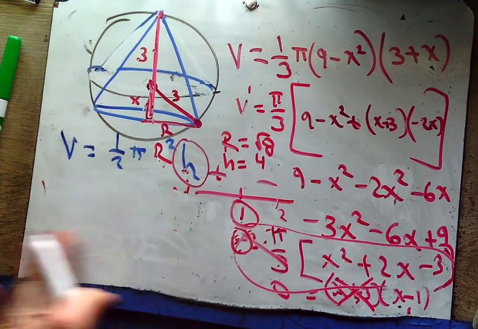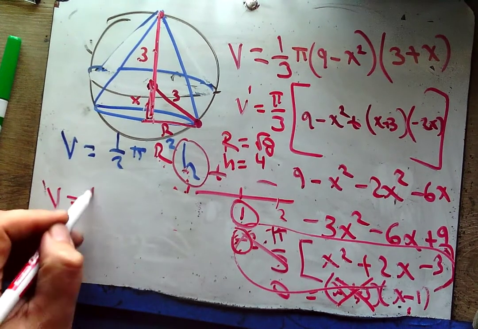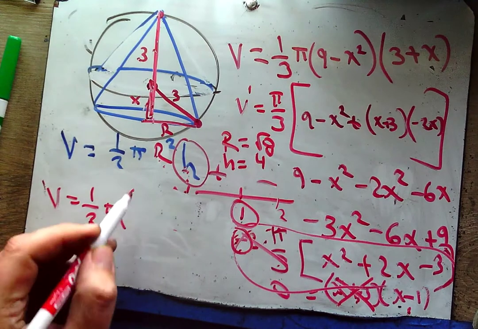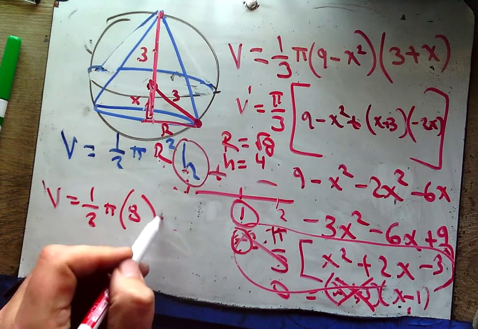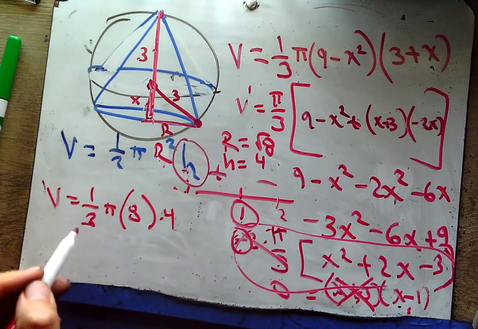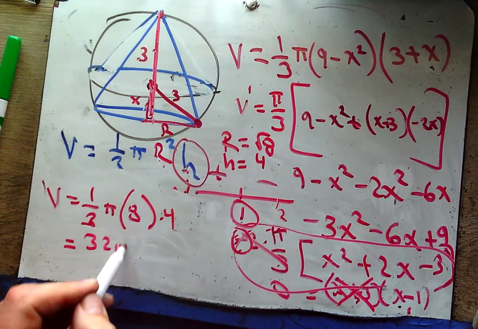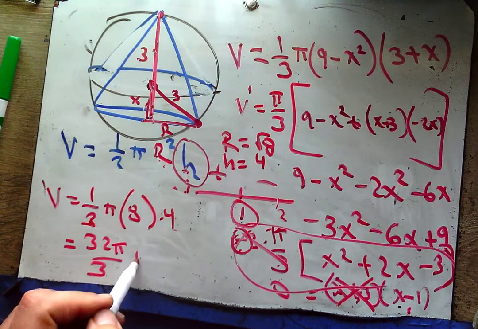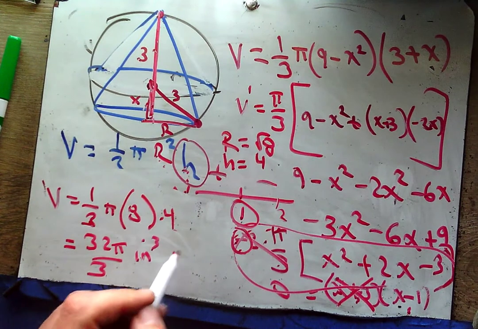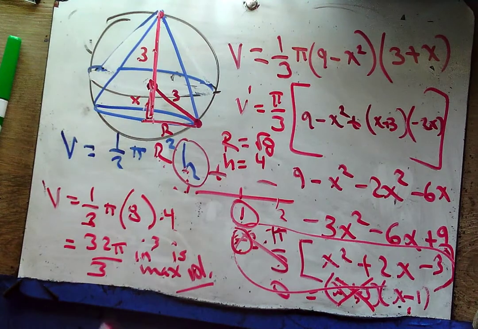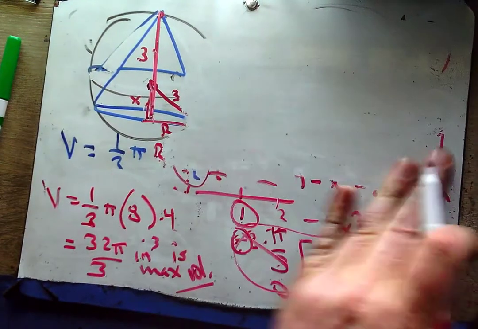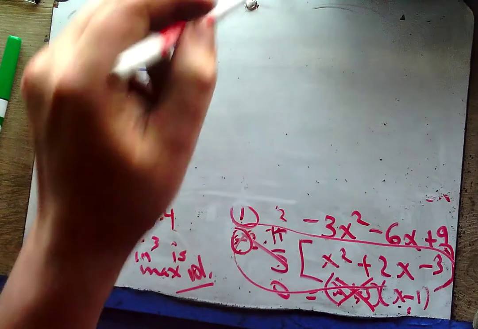So maximum volume, V equals 1/3 pi 8, because it's r squared, times 4. So 32 pi over 3 inches cubed is the max volume. And don't forget, I need to write a justification sentence for that. What's my justification sentence?